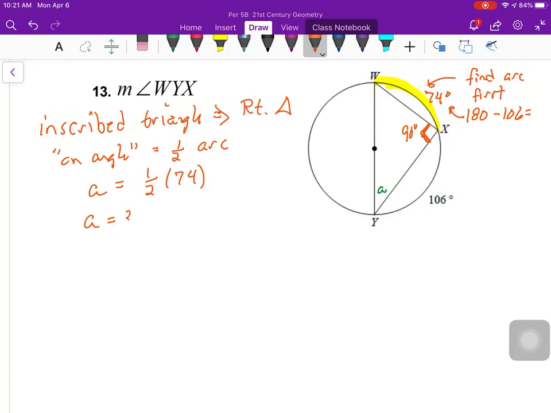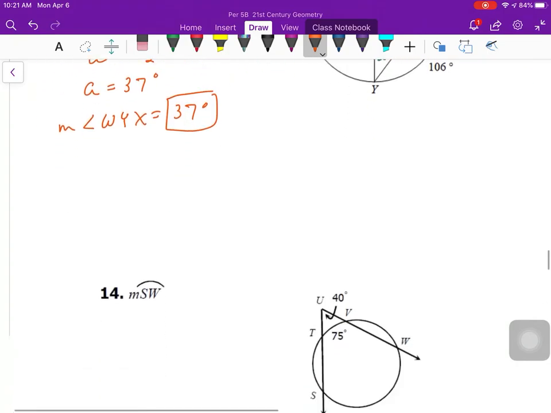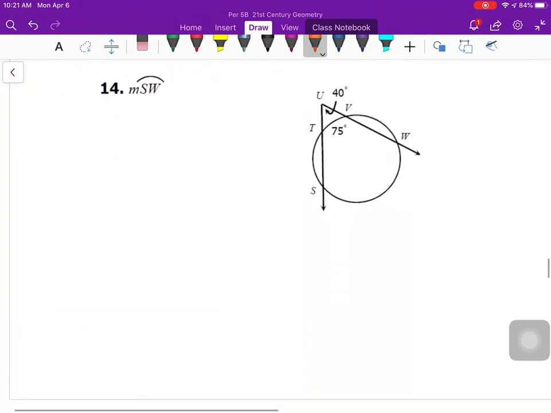So the A would equal half of 74. So the A would be 37. So the measure of angle WYX will equal 37 degrees. Next problem.